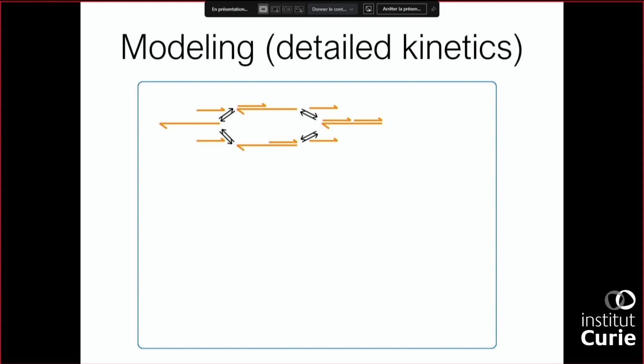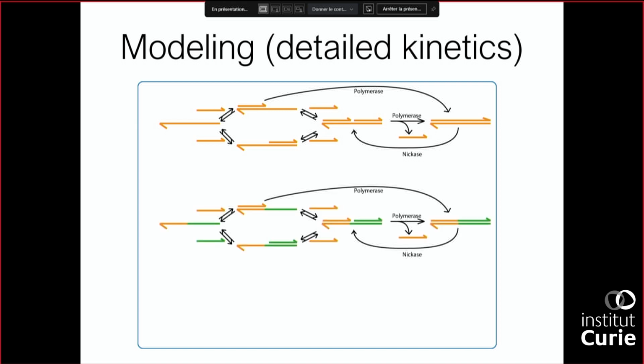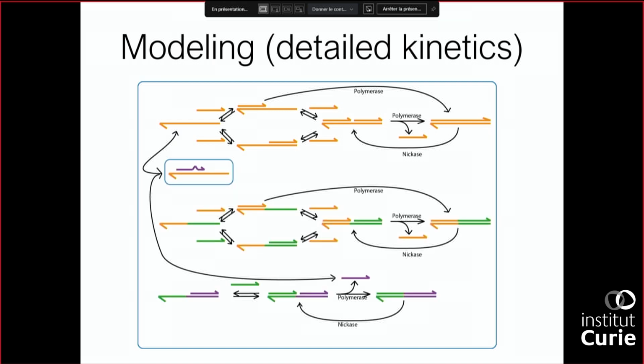So here you have a cartoon representation of what happened on one of the templates of the previous system. So this guy can bind on the input, on the output, and then by the polymerase it's extended, by the nickase it is cut, and then it can be extended again by the polymerase and so on. So you write all those reactions for all the templates.